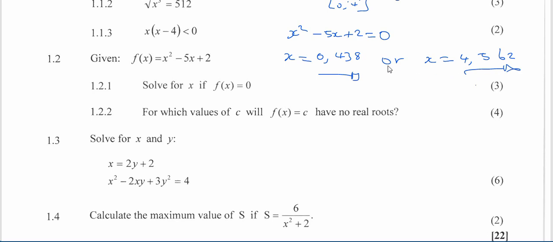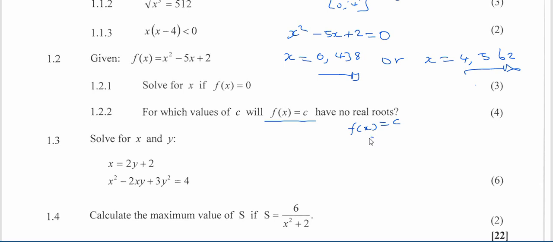Here you are being asked for which values of c will f of x equals c have no real roots. On the question, you check what's being written: they say f of x equals c. So which means you're going to rewrite your formula. Remember f of x equals c, so we are going to replace f of x with c.